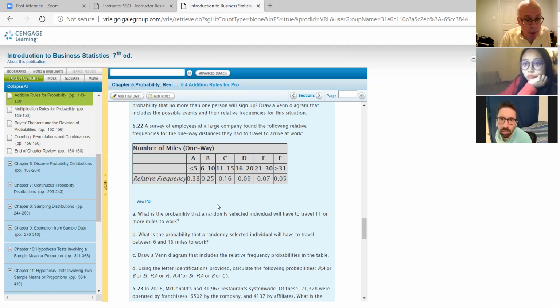All right, so what is the probability that a randomly selected individual will have to travel 11 or more miles? 0.37. Correct. And did you add the 4 numbers here? Yes. Right, 11 to 15, 16 to 20, 21 to 30, and greater than or equal to 31.